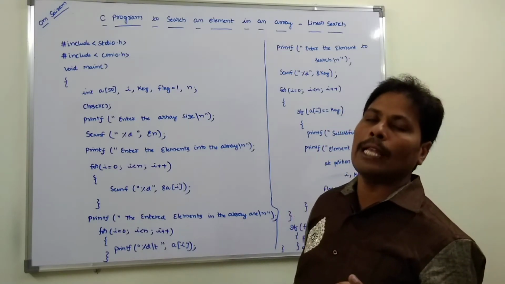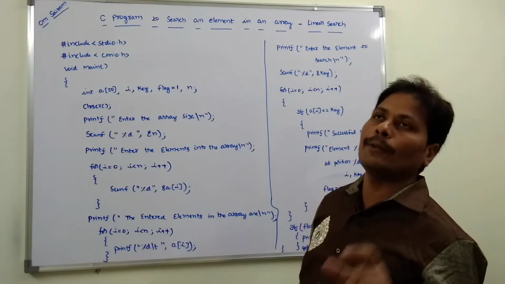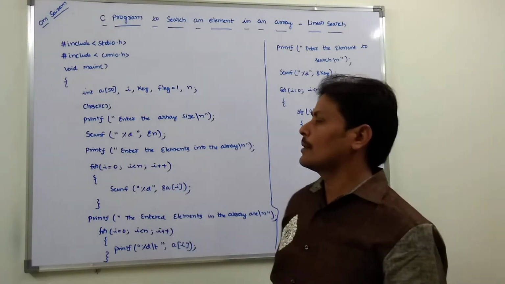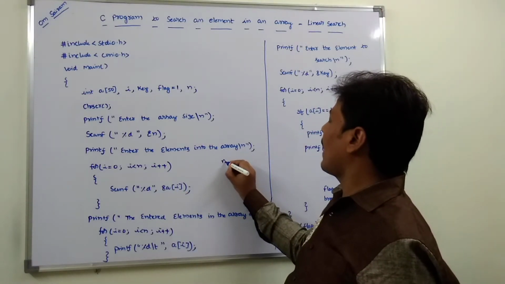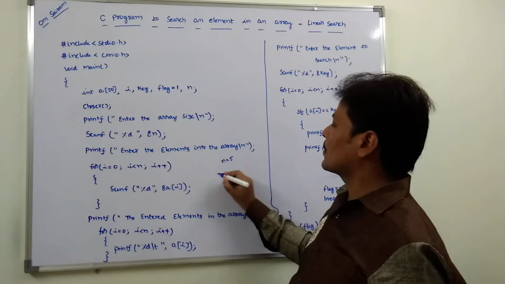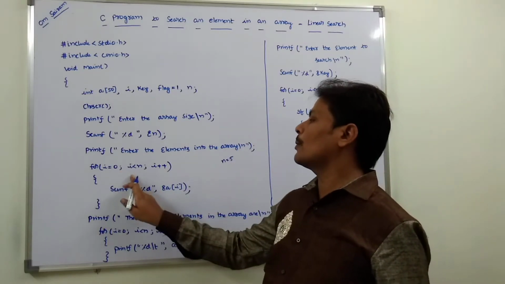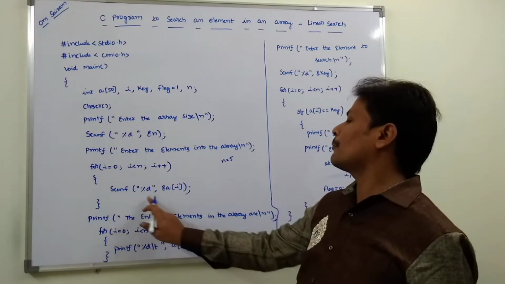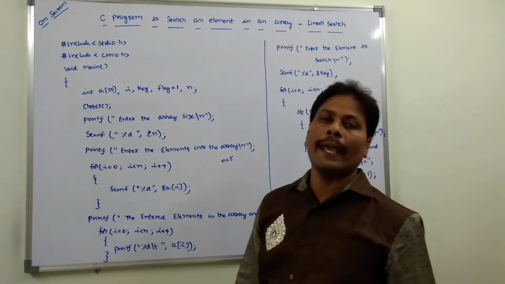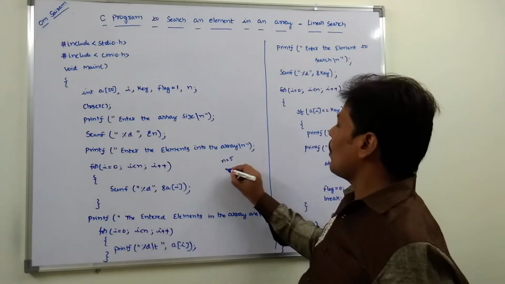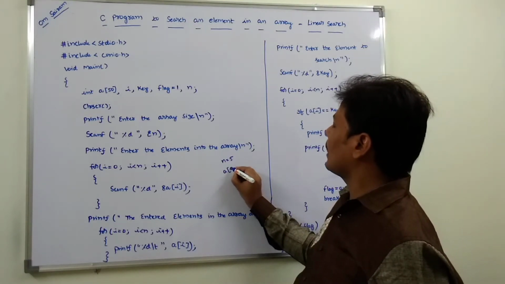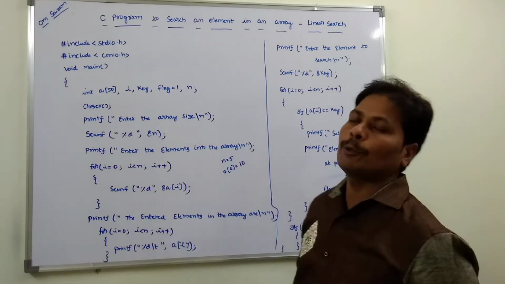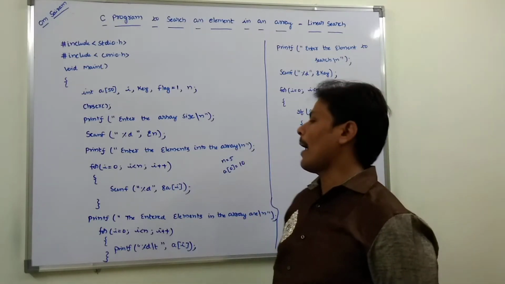So the first value is stored in the array. Suppose n value is equal to 5. Now I is equal to 0, 0 less than 5, condition true, scanf percentage d ampersand a of 0. Now a of 0 value, that is 10, is stored into the array.